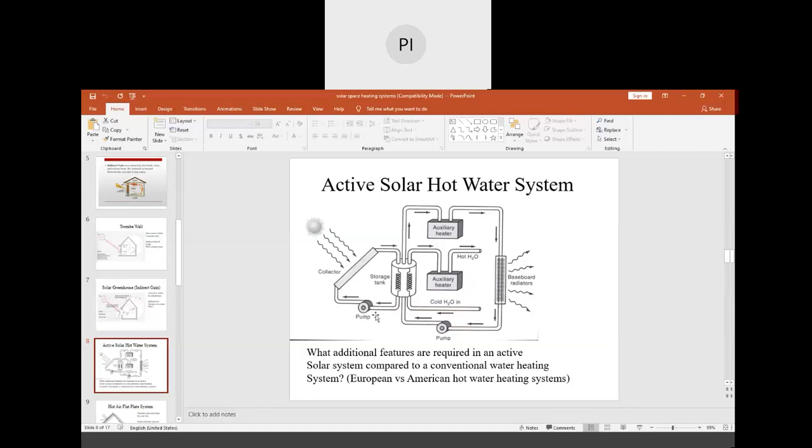Here we are using a pump, which is why this is called an active system. The collector is filled with water. The solar radiation is absorbed by that water, which then comes into the storage tank, and there is an auxiliary heater, and hot air comes out.